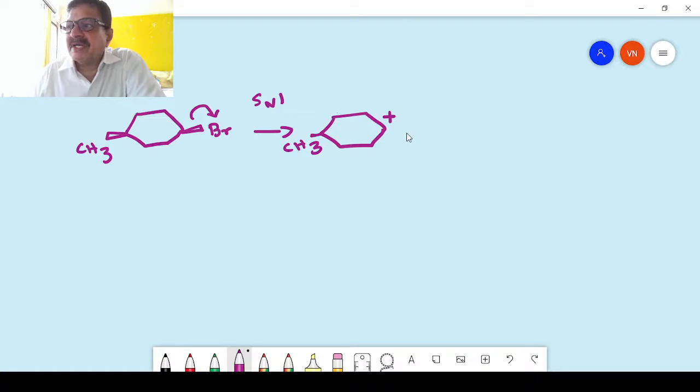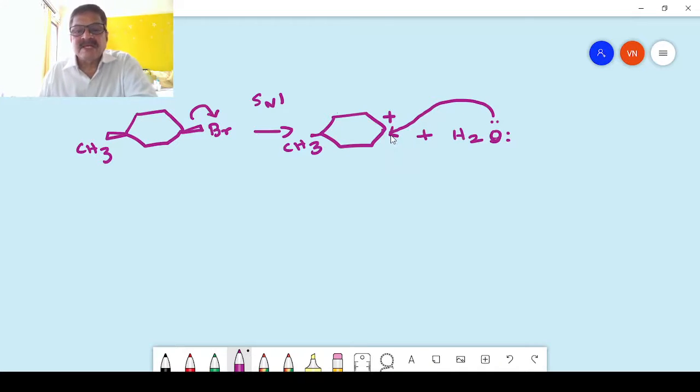So this carbocation will react with our nucleophile here, water. It is a neutral nucleophile. Like this the reaction will proceed, plus Br minus. Now we can see there are two possibilities.